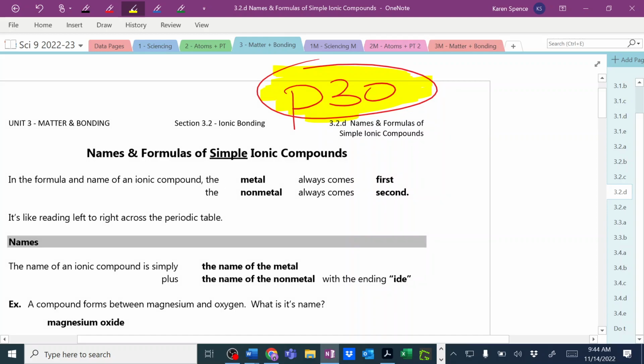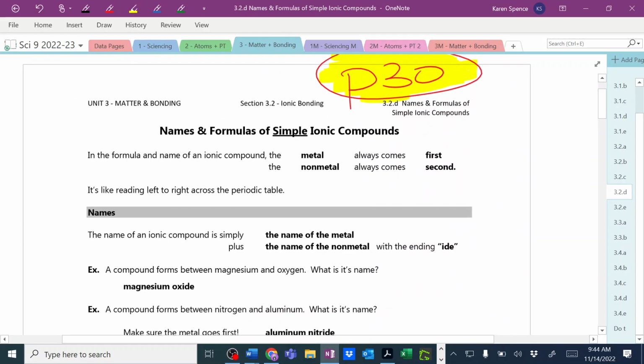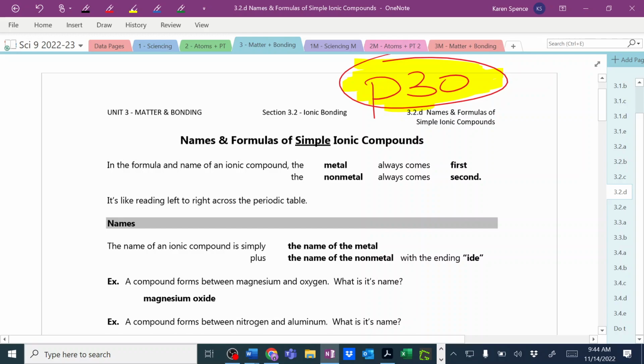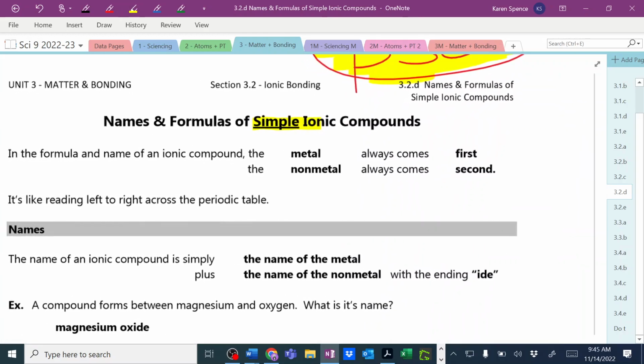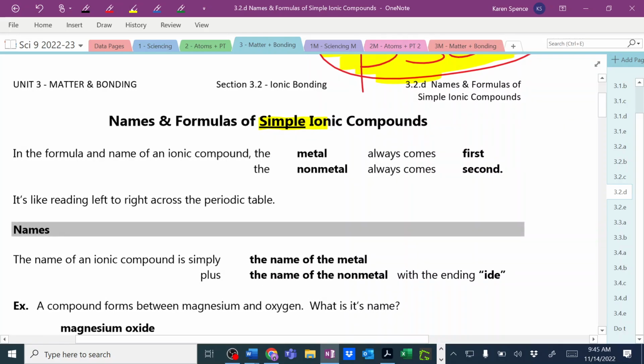Okay, so page 30. So we're going to be looking at writing names and formulas of simple ionic compounds. There's much more complex ionic compounds, but these ones are super simple and they're actually super easy to write the names and the formulas.